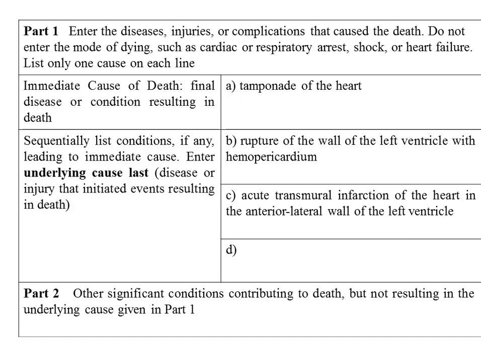It means if the patient has a myocardial infarction, which led to myomalacia and rupture of the wall of the left ventricle, and then finally led to hemopericardium, meaning tamponade of the heart and heart arrest, we put the tamponade as the end result into A, rupture of the wall of the left ventricle into B as an intermediate step, and in C, acute transmural infarction, which started the process.